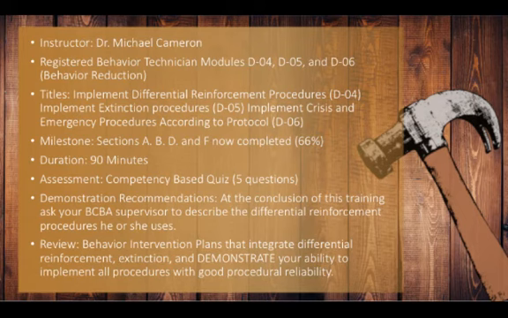Once again, why do we want to target behavior and behavior reduction and the deceleration of maladaptive behavior and the acceleration of appropriate behavior? We want to do that because we want to remove the obstacles from an individual's life. And you know as well as I do that various forms of problem behavior, whether it be aggression or inappropriate verbal behavior or property destruction or elopement or noncompliance, all those things are obstacles to an individual's advancement and an obstacle to their inclusion and an obstacle in terms of the opportunities that may be available to them.